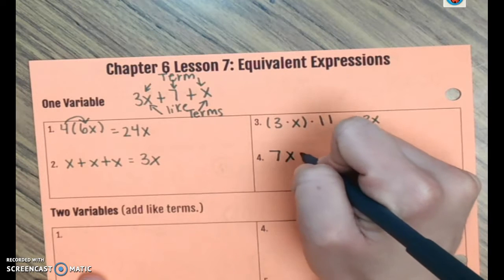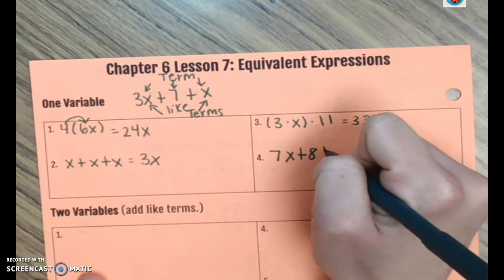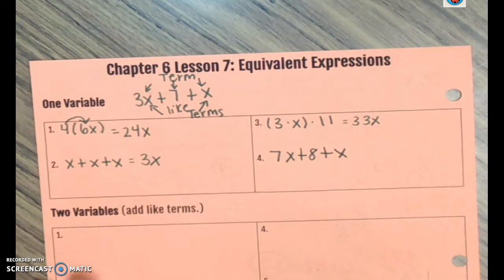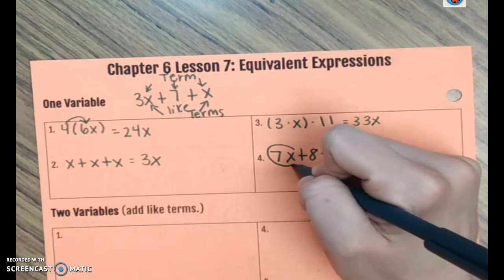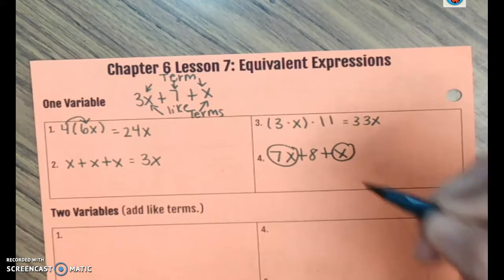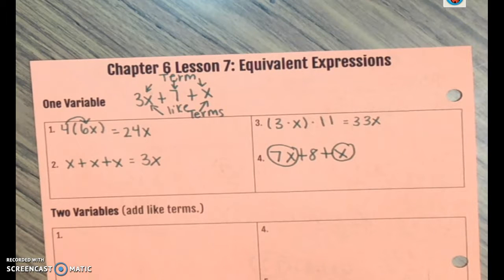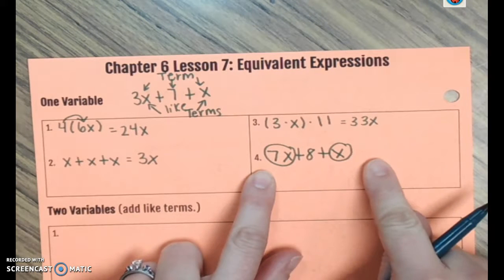Look at our last one that we're going to do up here. 7x plus 8 plus x. Remember, we can only add like terms. So let's circle the things that have the same variable. So we're going to circle 7x and x. We are not circling 8 because that's a constant. That means it does not have a variable behind it. So we have 7x here, 1x here.